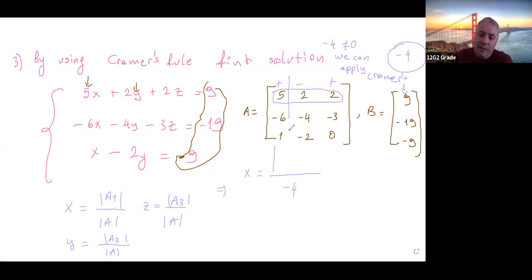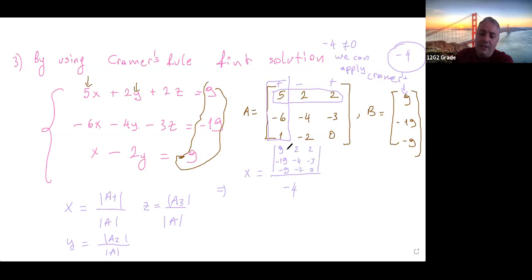I mean, we will remove the first column and put these numbers instead: 9, -19, and -9. And then the other members are the same: 2, 2, -4, -3, -2, and 0.